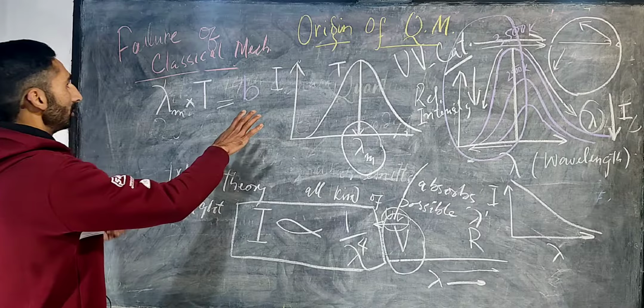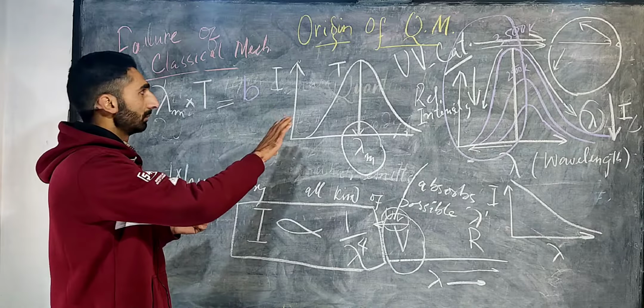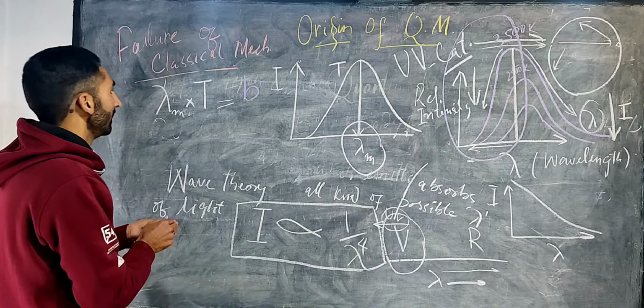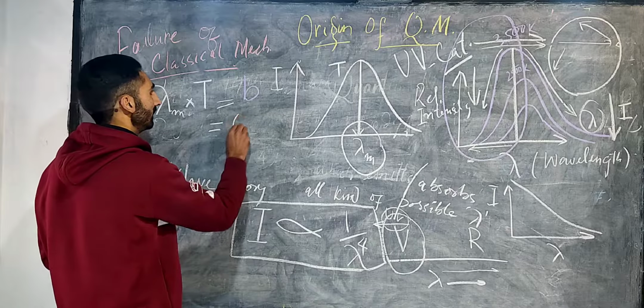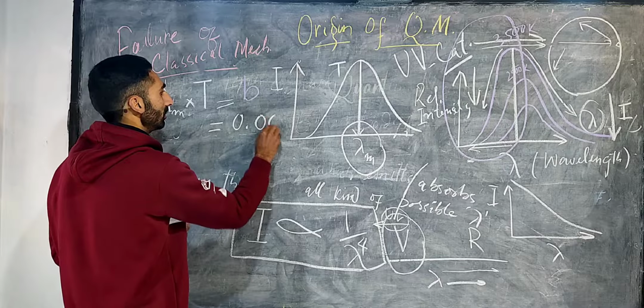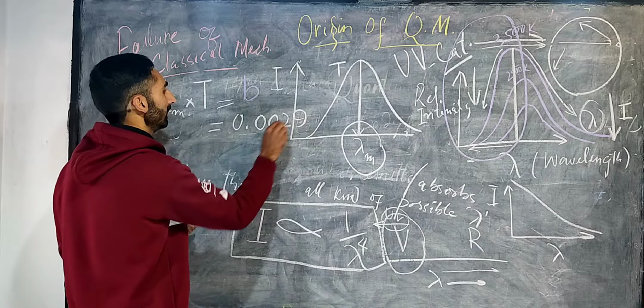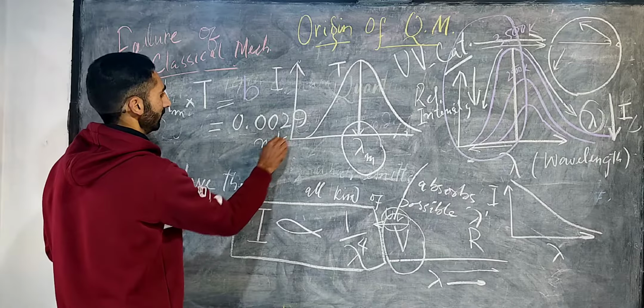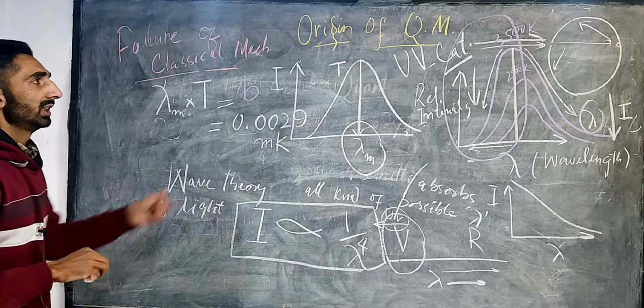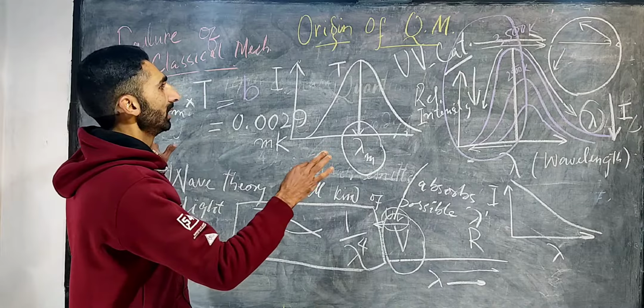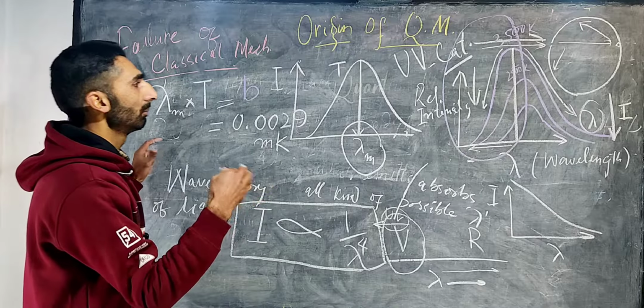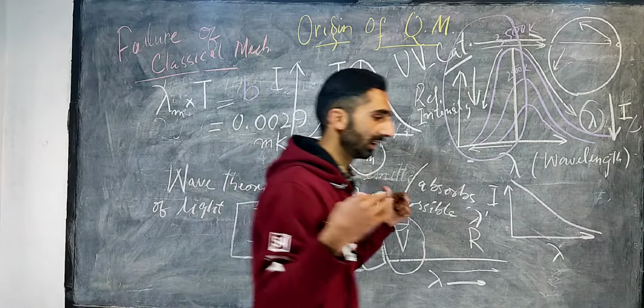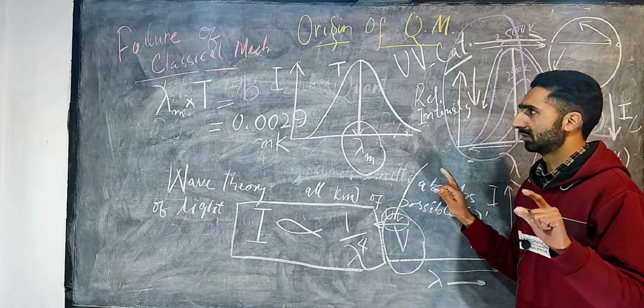For this experiment, this constant b is equal to 0.0029 meter Kelvin.